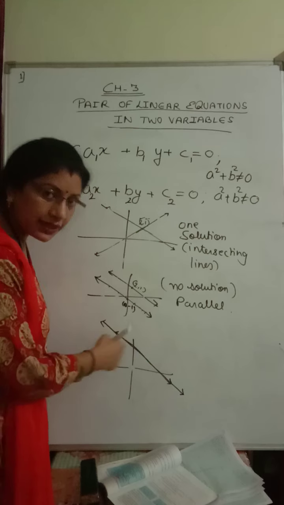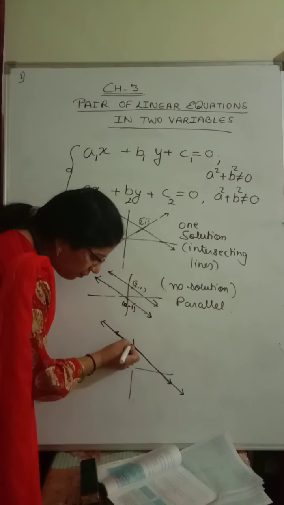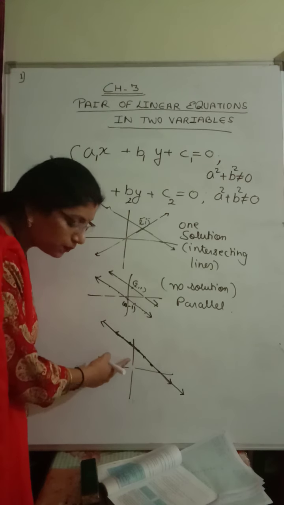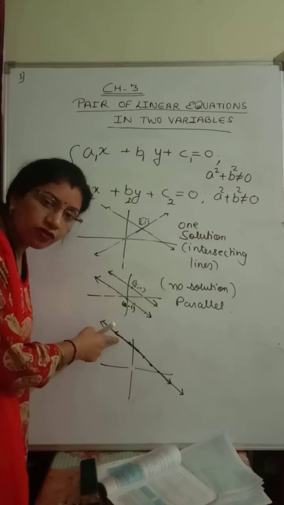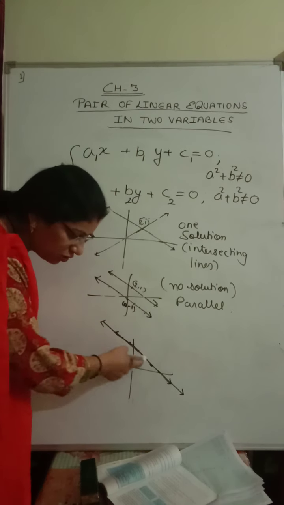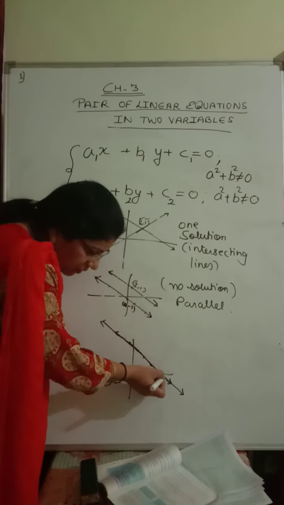When we have coincident lines, that means every point on the first line will automatically lie on the second line also. That means each solution of the first is a solution of the second also. So how many solutions are there? Infinitely many solutions.